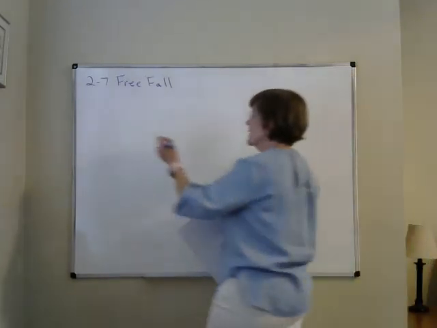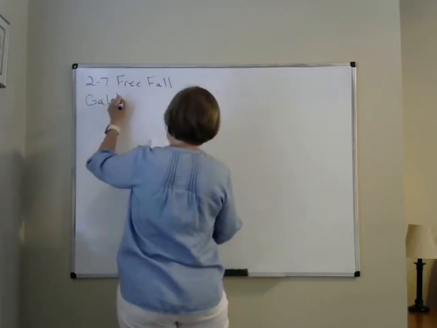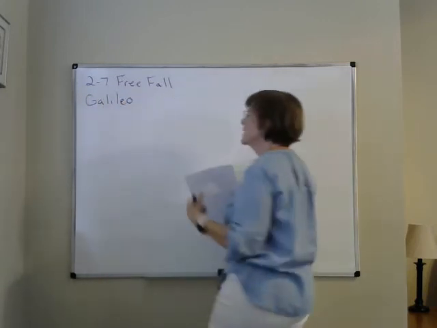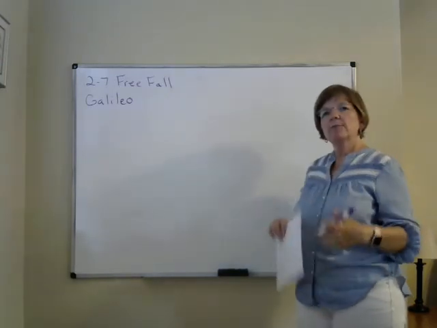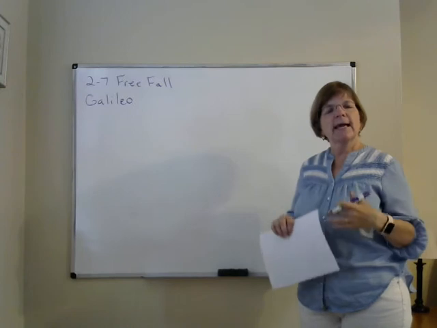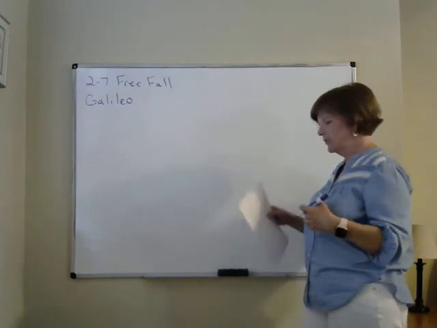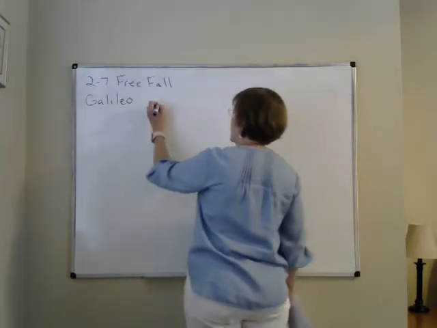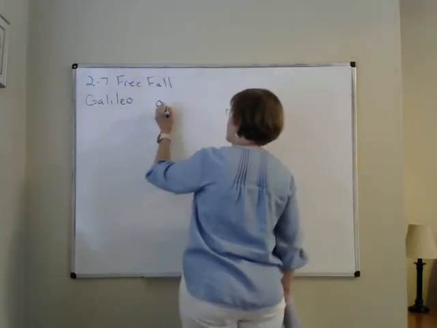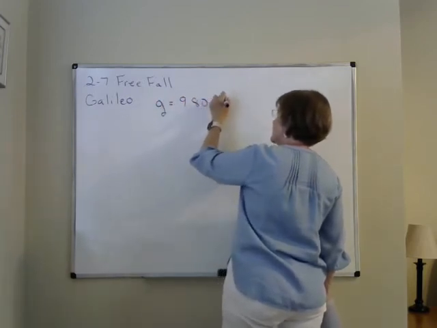It was Galileo who figured out that as long as you're near the Earth's surface, all objects fall with the same acceleration. We have constant acceleration due to gravity, and that constant acceleration due to gravity is normally called g, a lowercase g, and it's 9.80 meters per second squared.